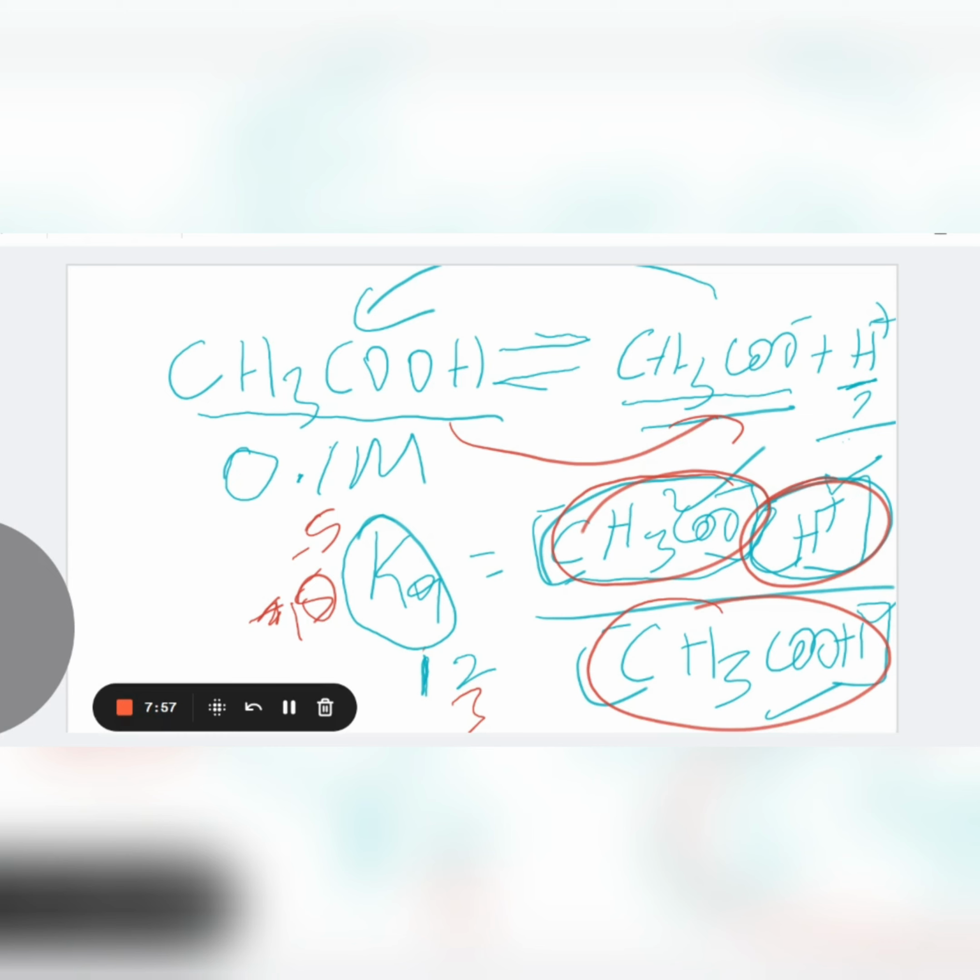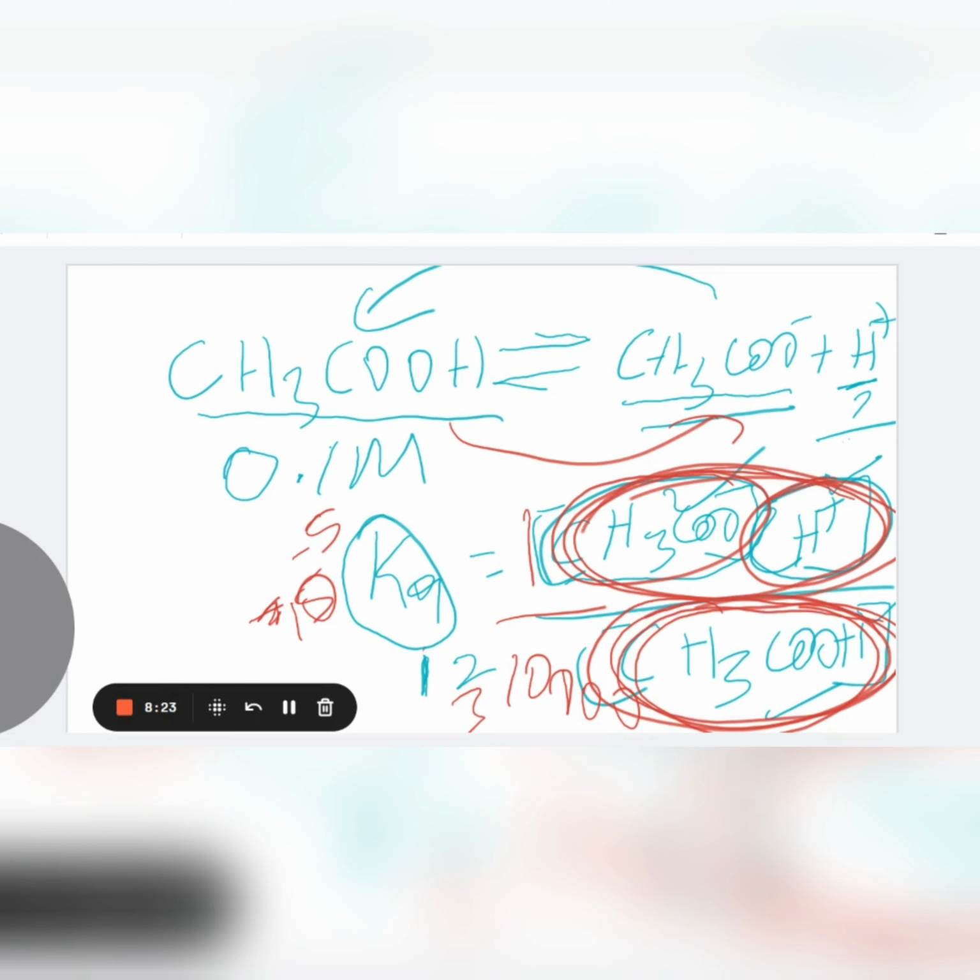Then what this means is that you have 1 divided by 10 to the 5, which is 5 zeros, 1 over 10,000, which means that you have 10,000 of this and only 1 of these two things up here. That clearly shows that the amount of ethanoic acid far supersedes the amount of ethanoate ion and protons, which means that you pretty much almost have zero dissociation.